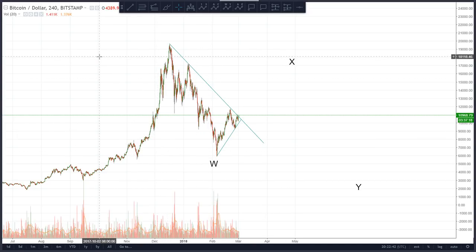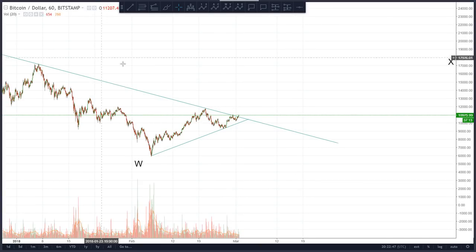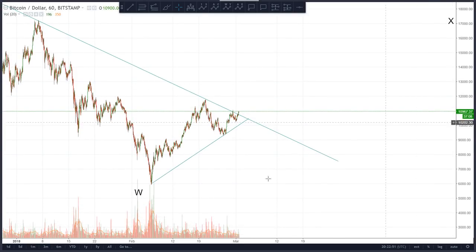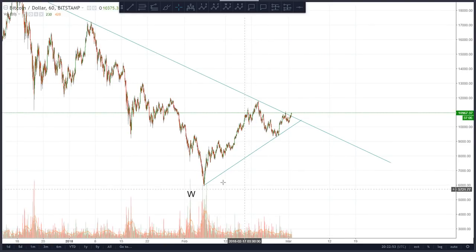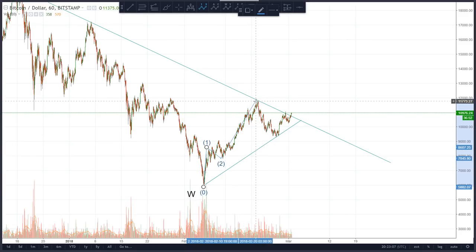Alright, so just going to zoom in a bit. So let's go on the hourly chart. As discussed previously, my count is from the bottom here: 1, A, B, C, 2, 3, 4, and 5 is going to be around 13,000.